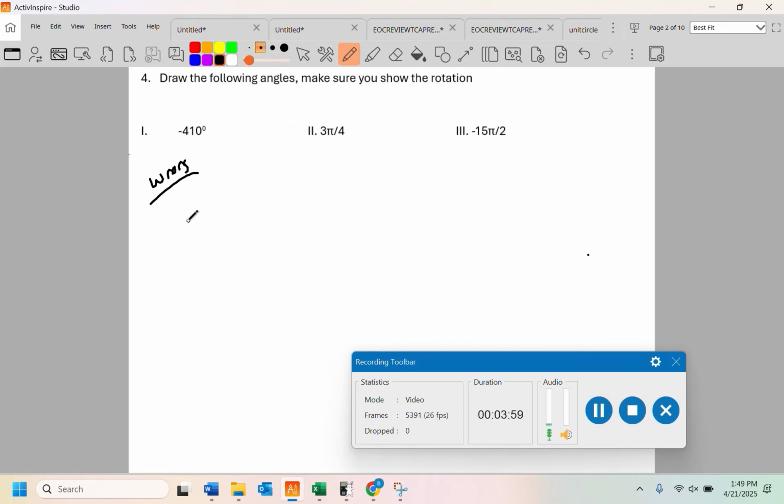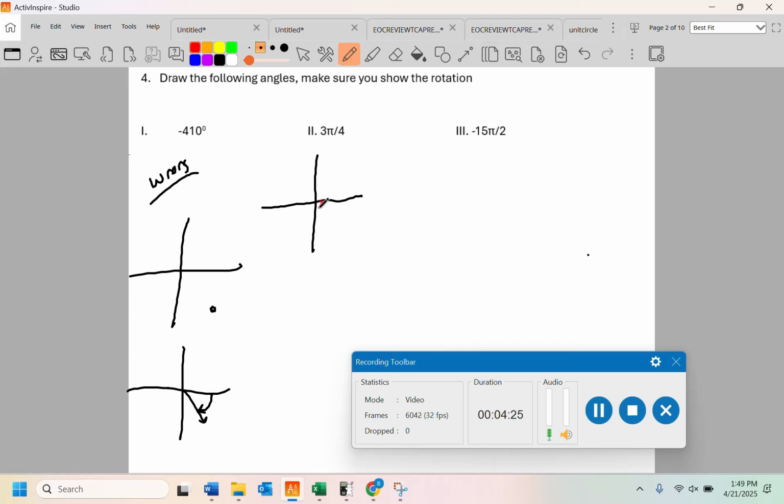What's wrong is when a kid just puts a dot that's roughly in the right spot. Or what's wrong is when a kid just does this. That's wrong, okay? So let me talk about how a kid came up with that. Negative 410 degrees would rotate clockwise. That part's right.